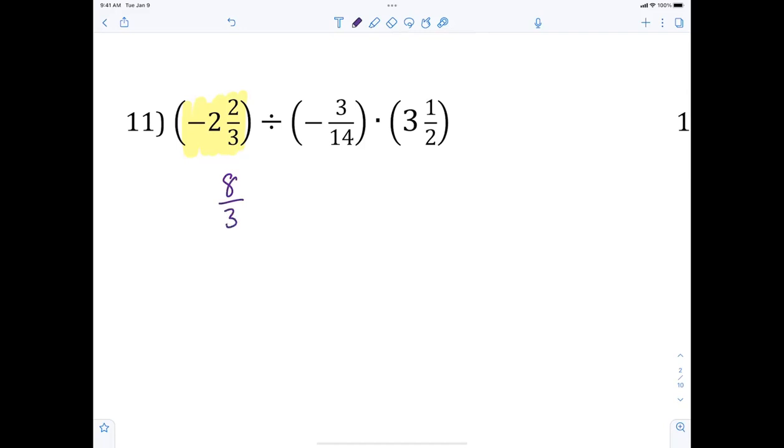Perfect. Times what? How much? Say it again. Yeah, but we can just do the reciprocal. Change it to multiplication. Right. Times.